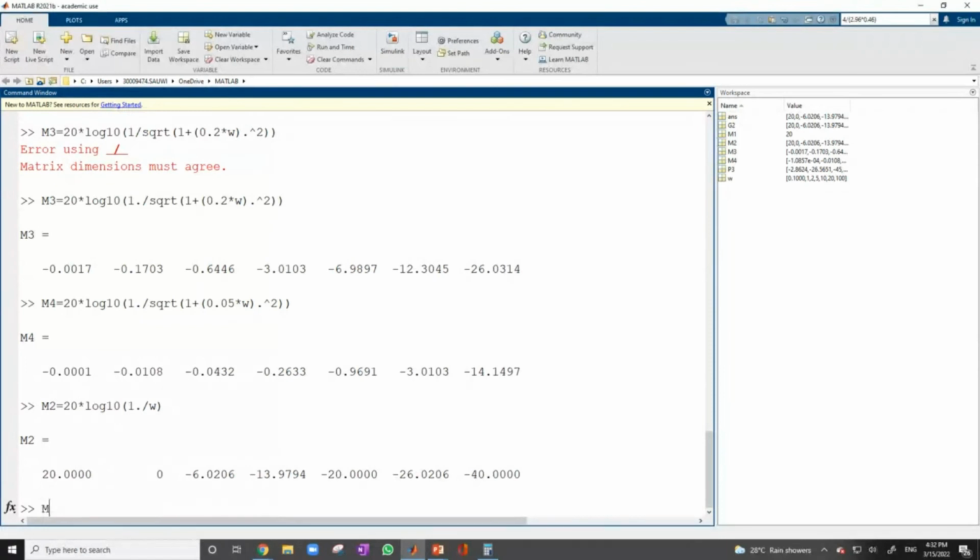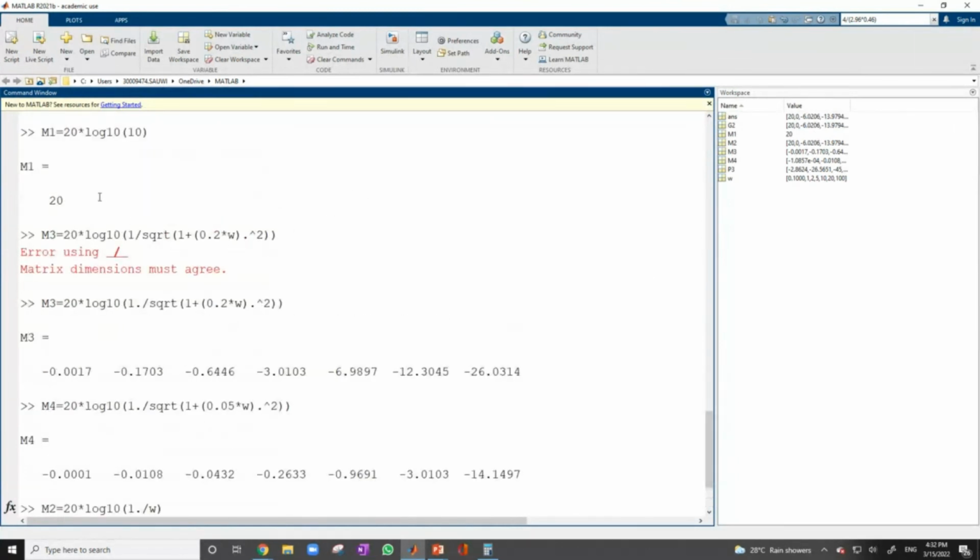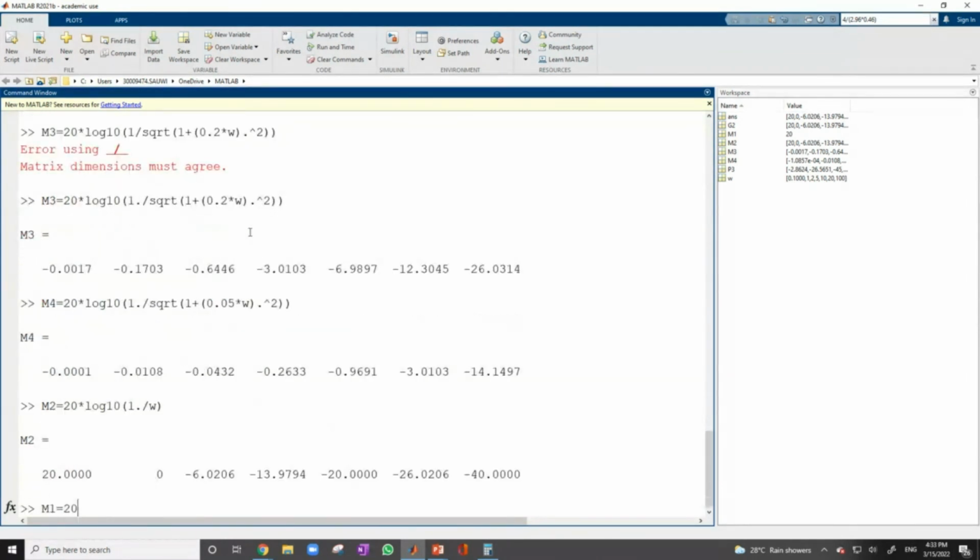And M1 we said is 20, but I want to add these up. But M1 is just a scalar number, so I need to make it into an array. So I'm going to multiply it by, how do I do this again?